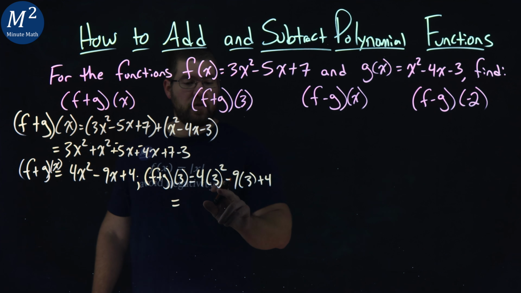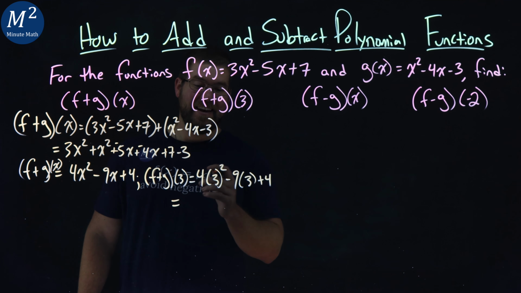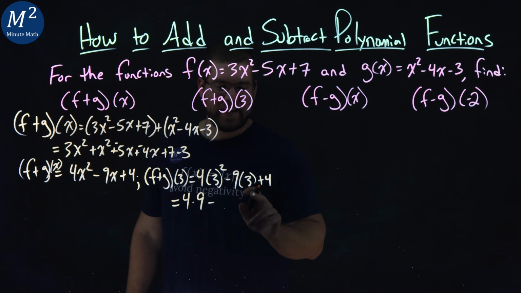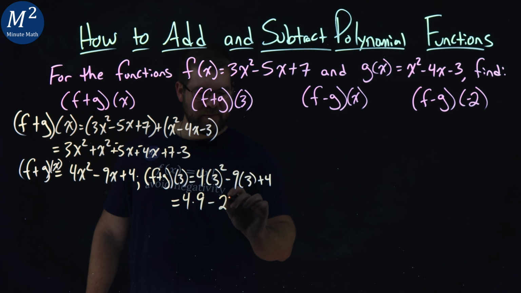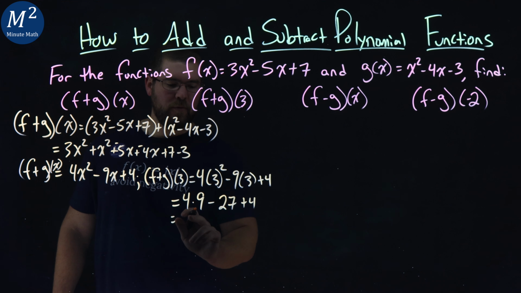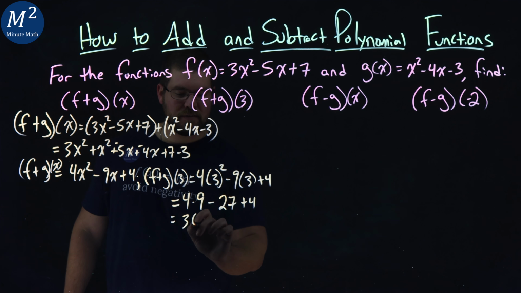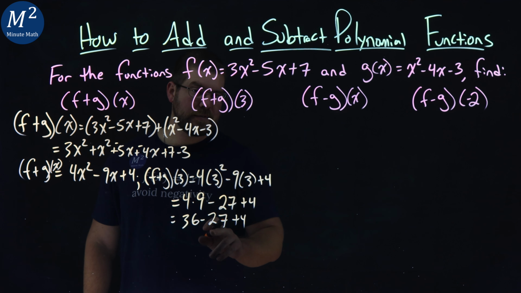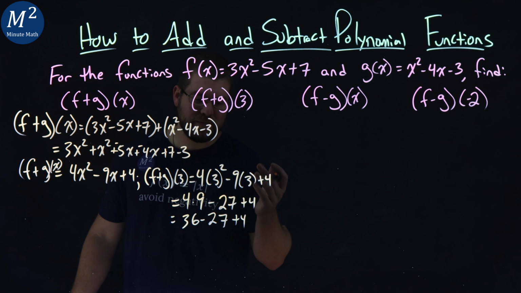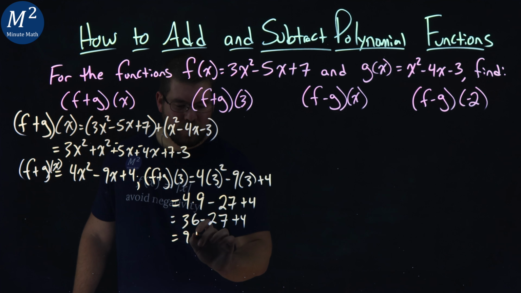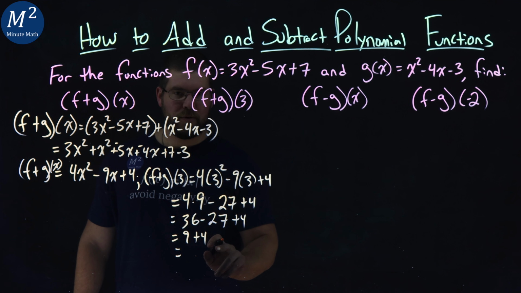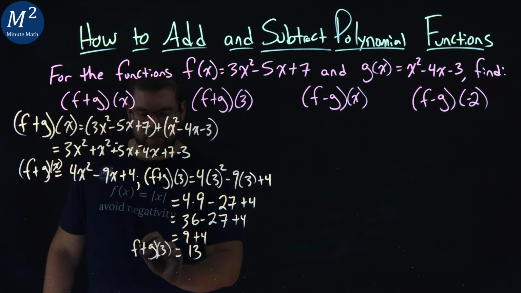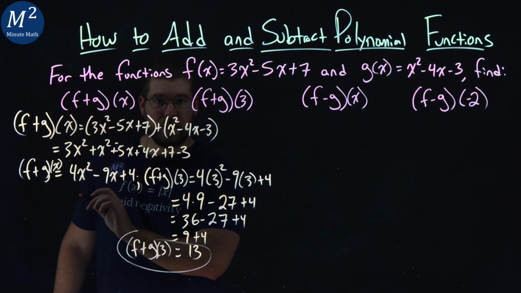Simplify that out. 3 squared gives me a 9. 4 times 9 is 36, minus 9 times 3 is 27, plus 4. 36 minus 27 comes out to be 9. 9 plus 4 is 13. And so f plus g of 3 was 13.